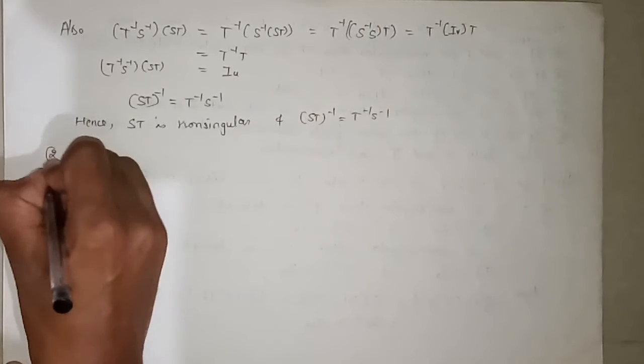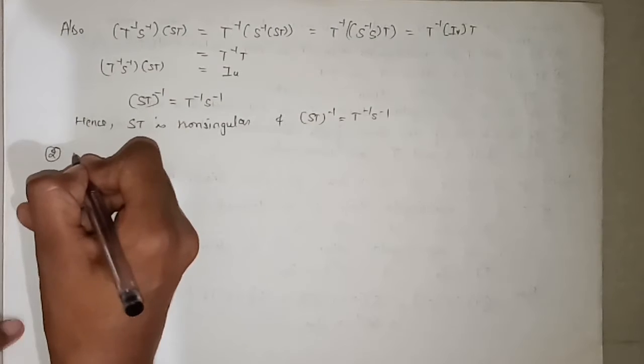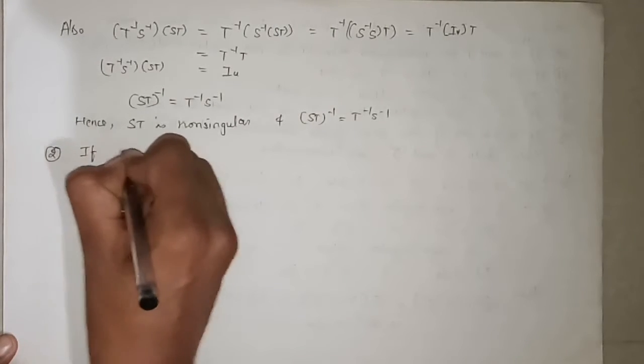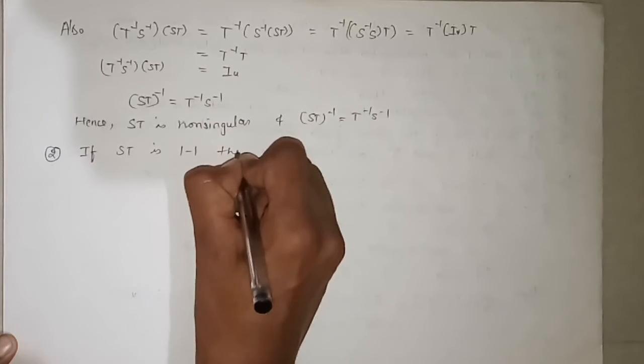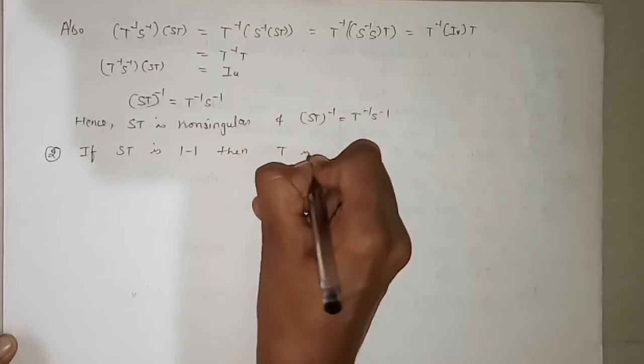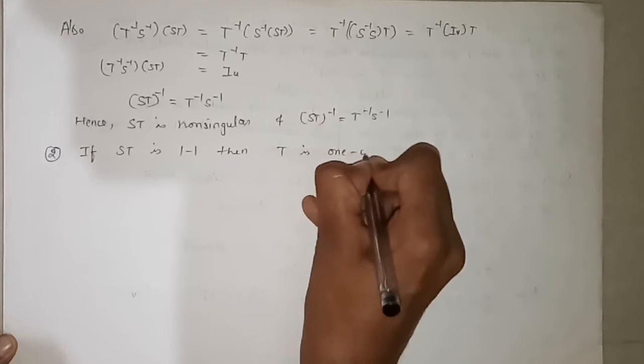Now for the second one, it is given that ST is 1-1, and we have to prove that T is also 1-1. So let us start its proof.